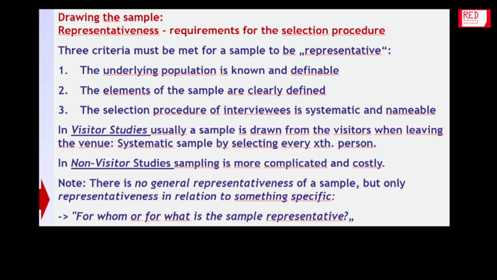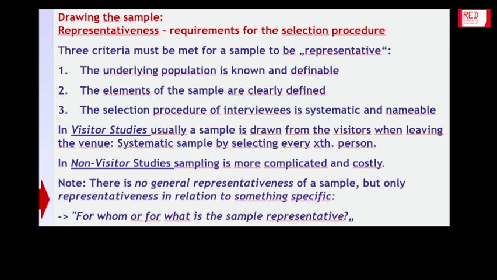We can do this the same way. You can draw a line, for instance, nearby the exit of the venue, and you say every fifth, third, or whatever person, it depends how many persons are in the venue at that time, of course, but every fifth person I make an interview with, no matter how this person looks like, whether alone or in a group, whatever. So then there is no subjective distortion.